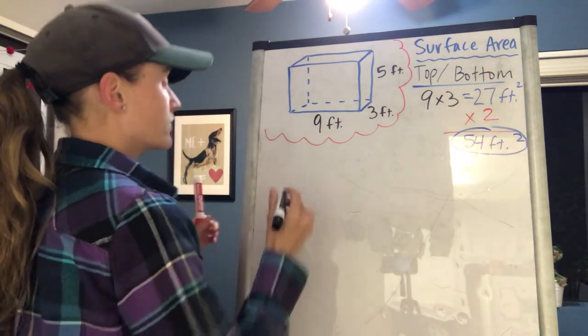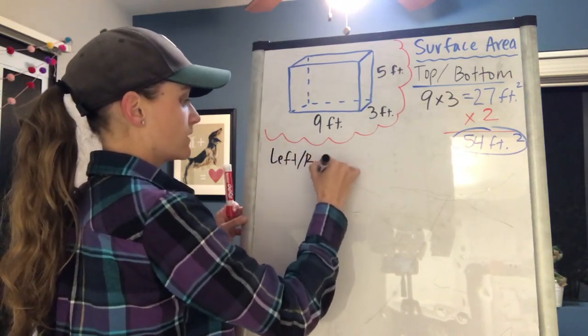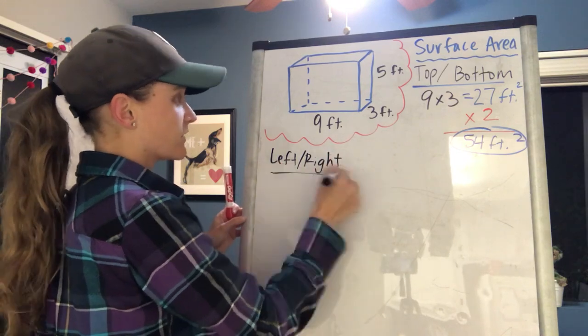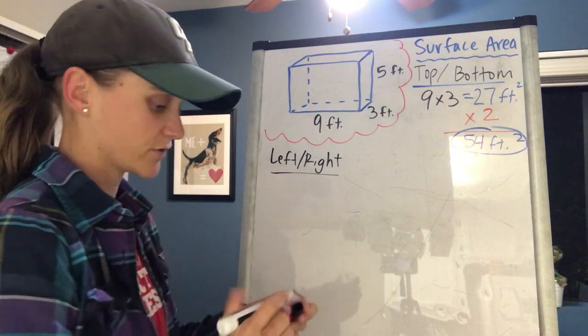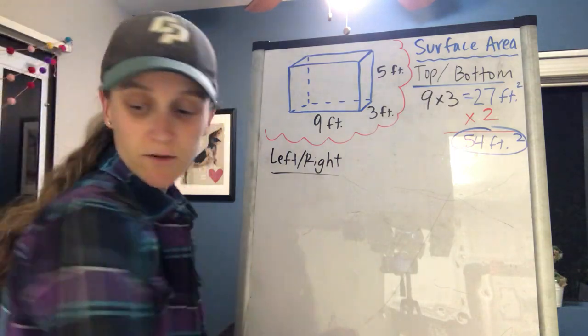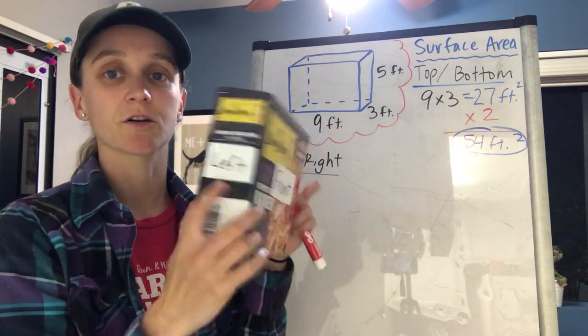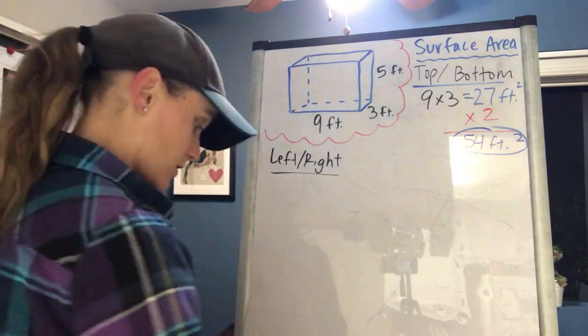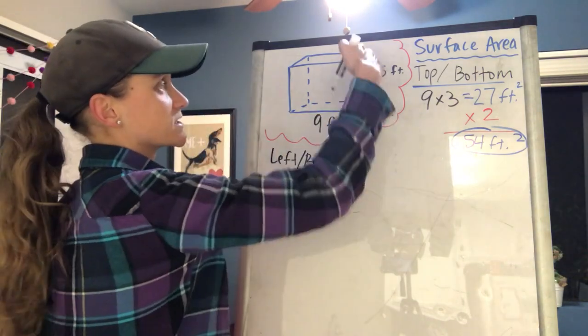Why don't we do the left and the right this time? And if you want, you can find the area of all the 6 sides separately, but it does make it a little bit easier if we just group them together. So again, we know that the right and the left are the same size on a rectangular prism. So let's look at the right side here because it's easy to see.